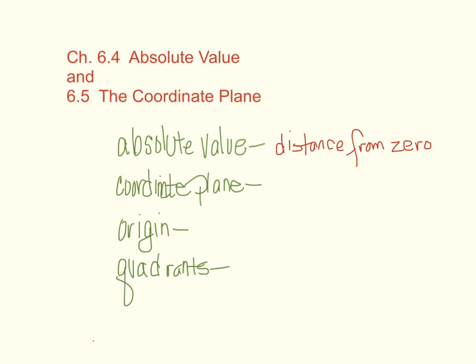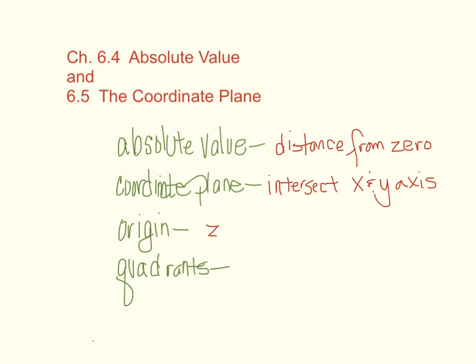So coordinate plane is where we intersect. There's a good word. The x and y axis. There's a very simple definition. We've had origin before.